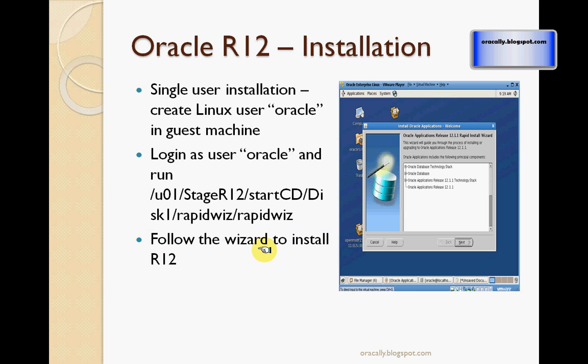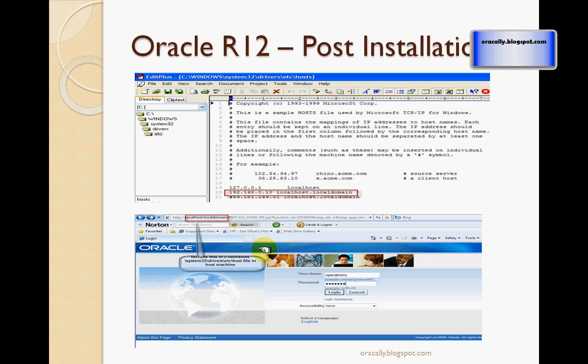We installed Oracle R12. Next are the post-installation steps that you need to make sure of if you want to access your Oracle R12 instance through your host machine where you have installed your virtual machine. For that you need to go to your hosts file in your host machine. This is the path for that.